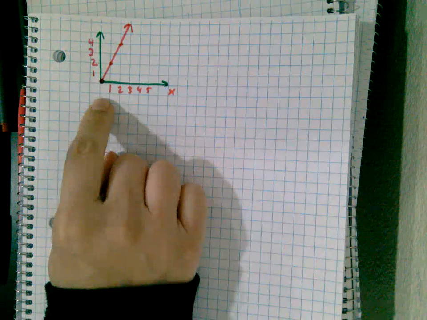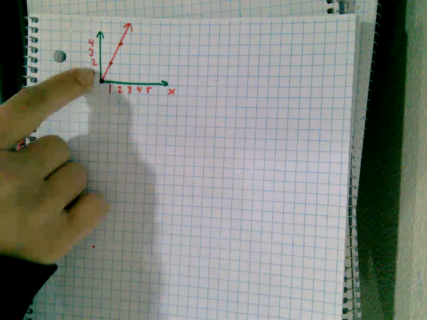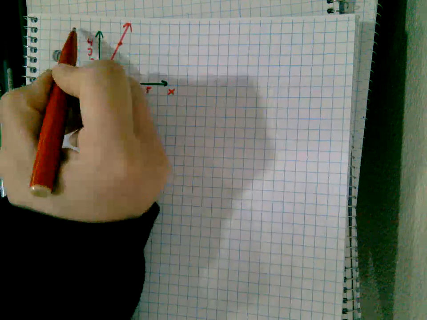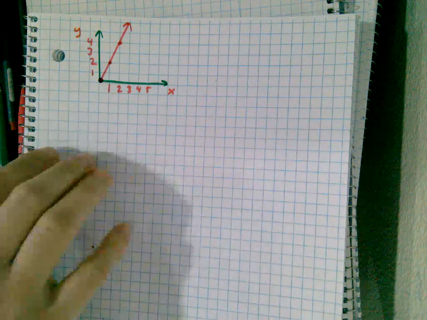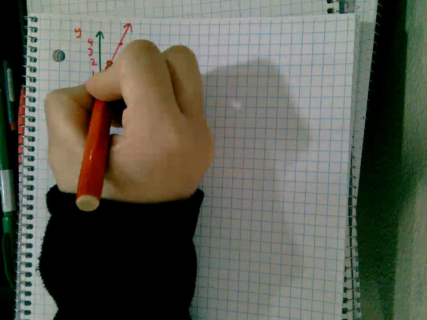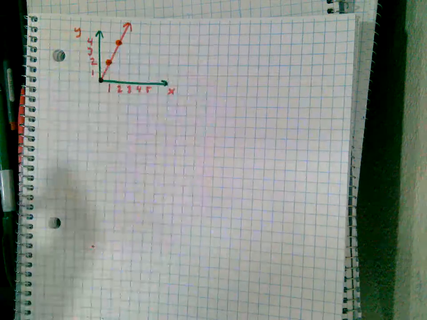So I go up by 1s on my X, and I also go up on my Y's by 1. So up by 1, but notice where my dots are. Those are my points.